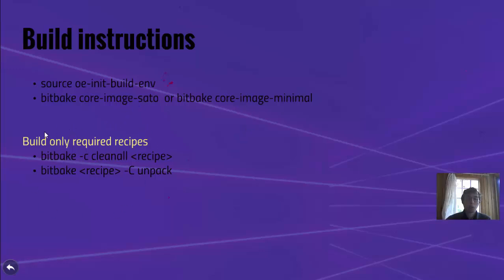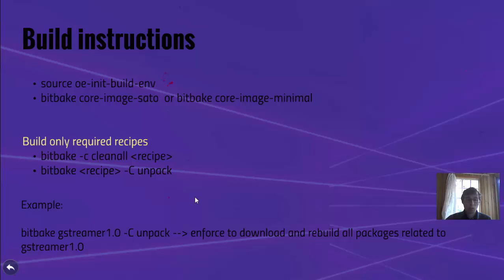And if you want to replace some of the recipes, or a recipe is failing because of the build, you can always use clean all and the recipe name, or you can rebuild only specific recipes and the recipes that depend on the recipe you want to rebuild. For example, this is an example of GStreamer replacement. It replaces full GStreamer packages and will rebuild them and download them again.